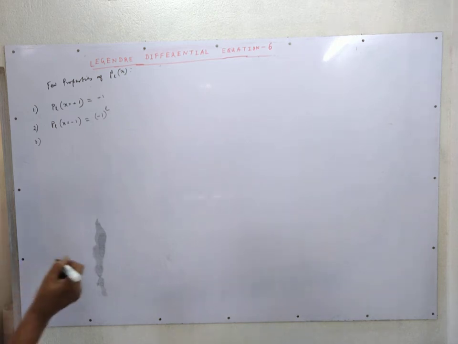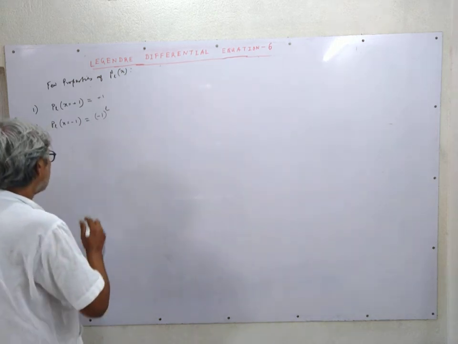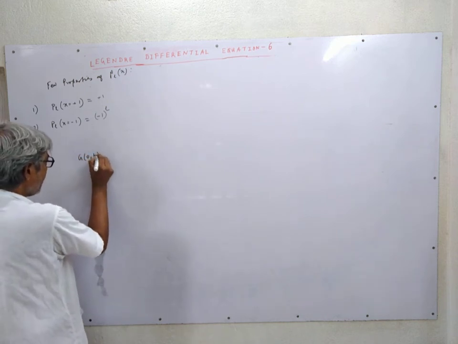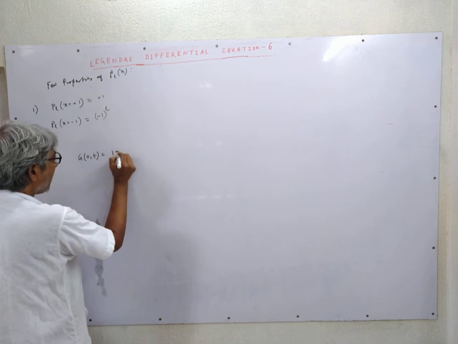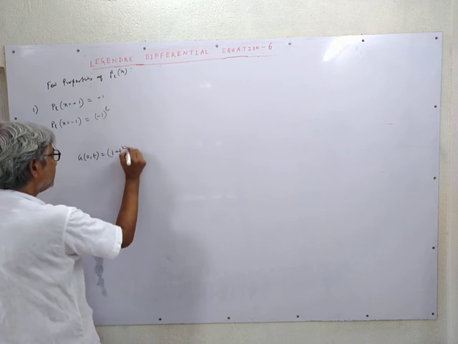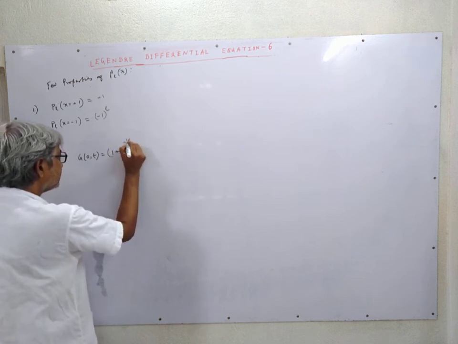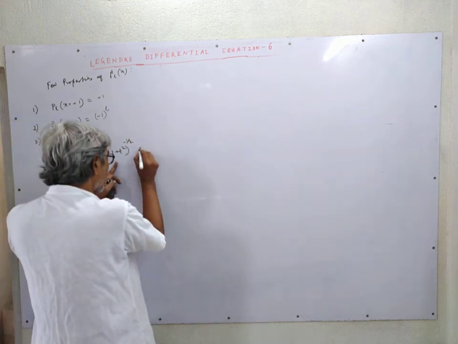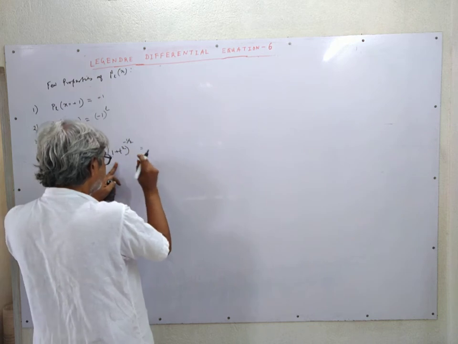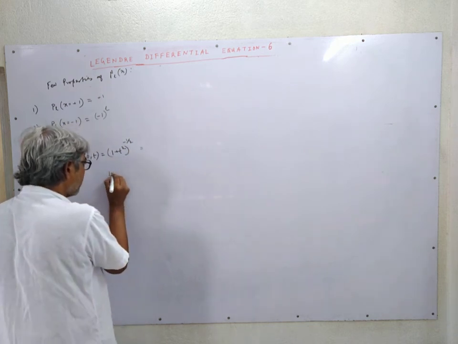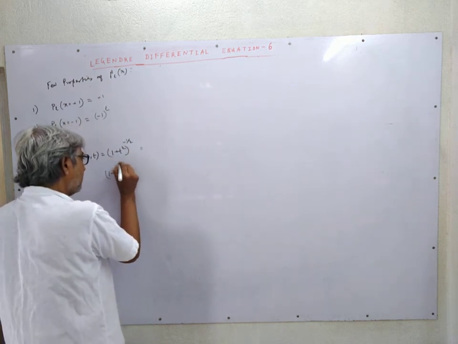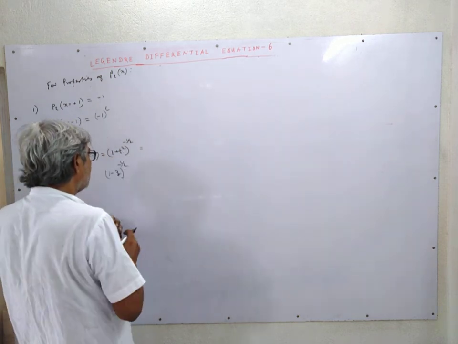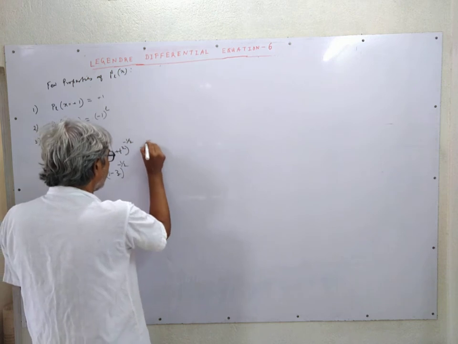So with x equal to 0, the generating function gives us (1 + t square) to the power minus half. When we expand it, as we have done earlier, only that we have expanded it to the power minus half, the terms will be alternately negative and positive.